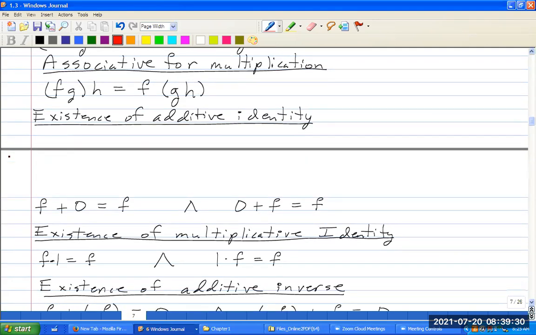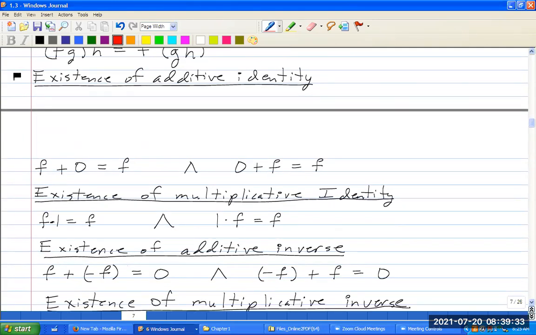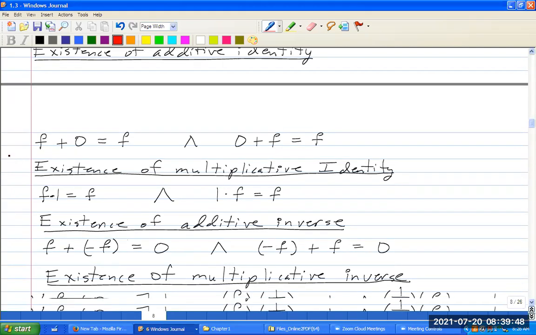Next, the existence of an additive identity. And so 0, as we said before, the 0 function is the additive identity for this field of functions. So f plus 0 is just f.